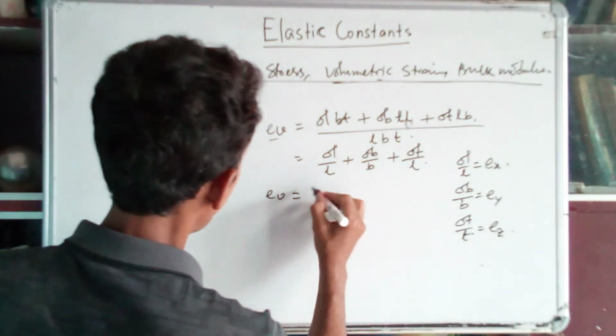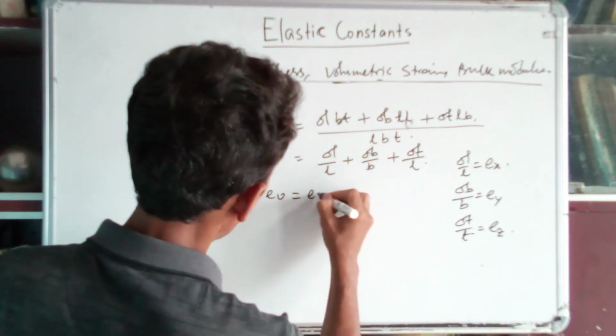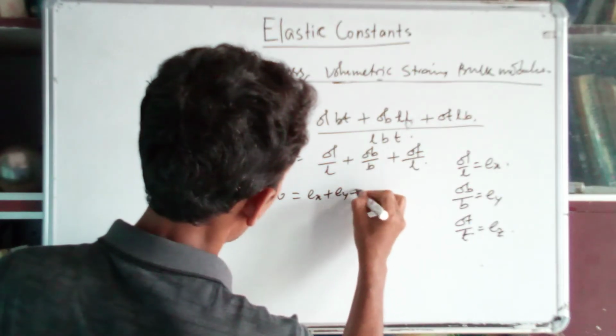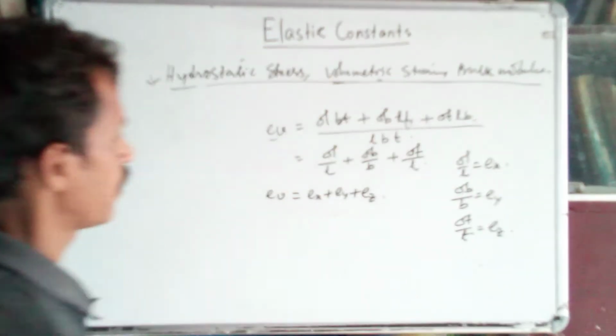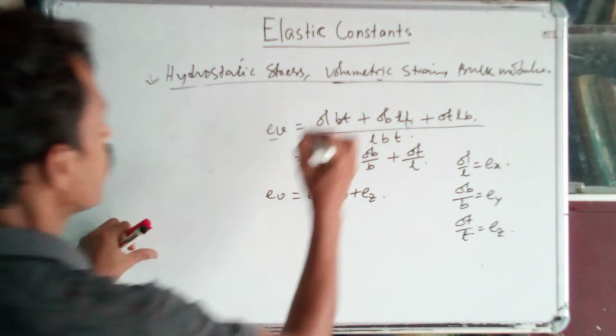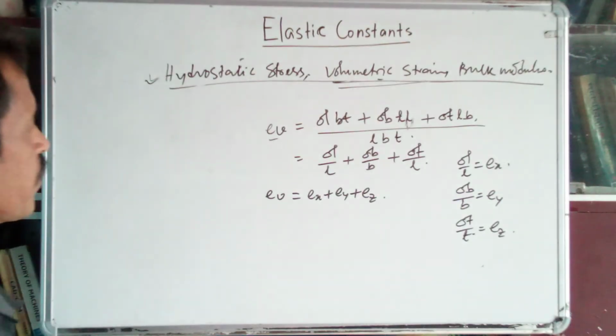So you can write volumetric strain is equal to Ex plus Ey plus Ez. Okay, so that is the volumetric strain.